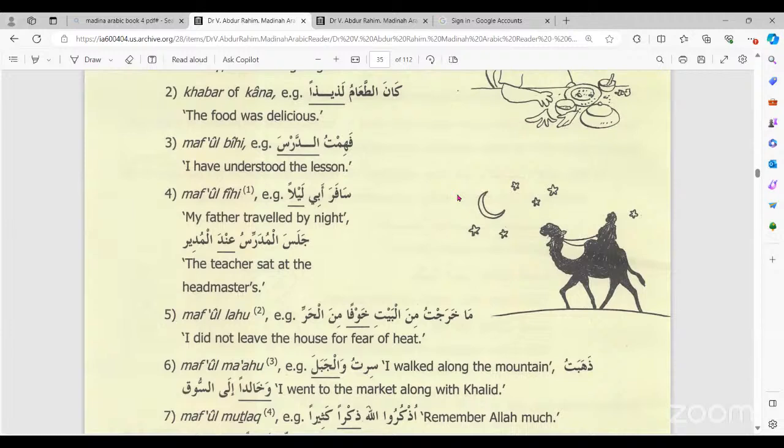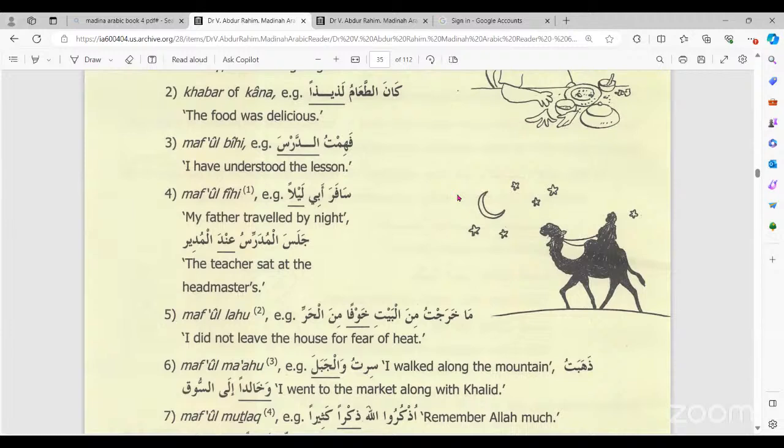Yes, what's your question, Bismillah? What is the difference between maf'ulun fihi and zarf? It's the same thing. The maf'ul fihi gets a fatha, and when you say zarf, it can come with a dhamma.